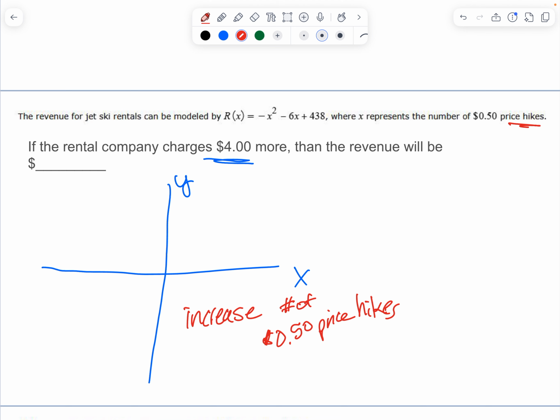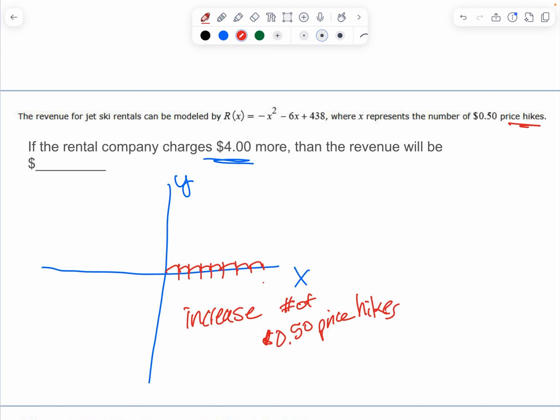So if they were to charge $4 more, let's figure out where they would be. Each one of these is a 50-cent price hike. So we would go 50 cents, $1, $1.50, $2, $2.50, $3, $3.50, $4.